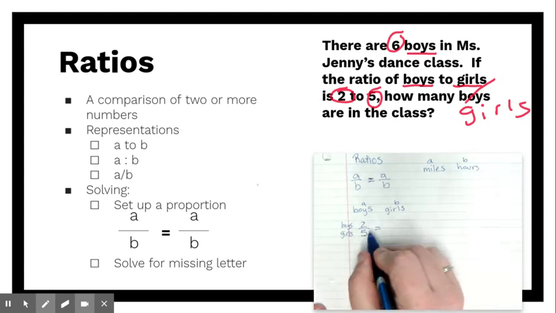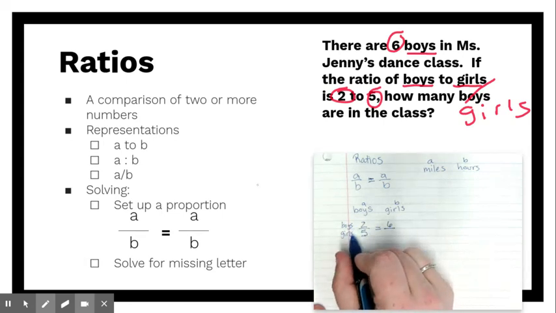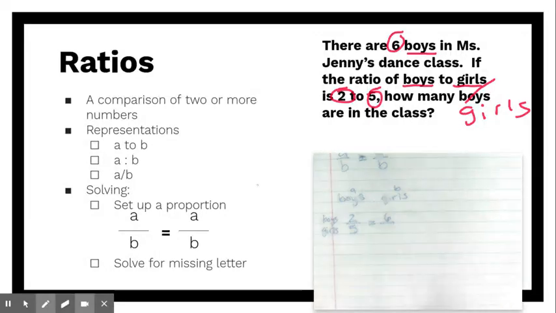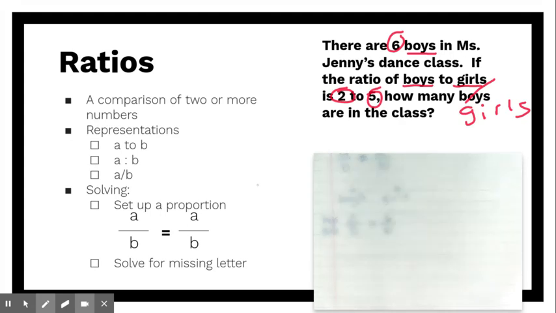They already tell me that there are 6 boys in the class, so I'm going to put that 6 where the boys are. Let me zoom that in a little bit so you can see better. There we go. Then I'm trying to find out what the girls' spot is, so I'm just going to keep the B there, and that's what I'm going to solve for.